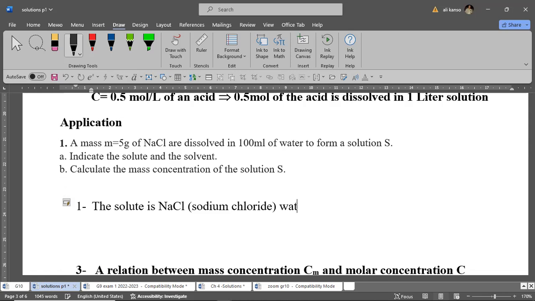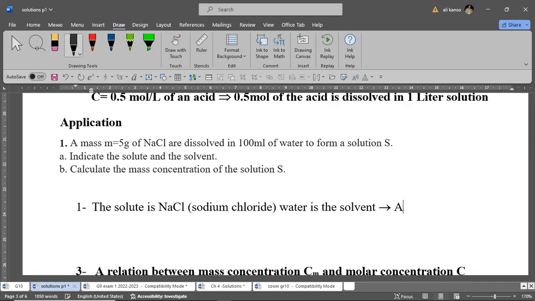Water is the solvent. Of course, this solution is an aqueous solution.